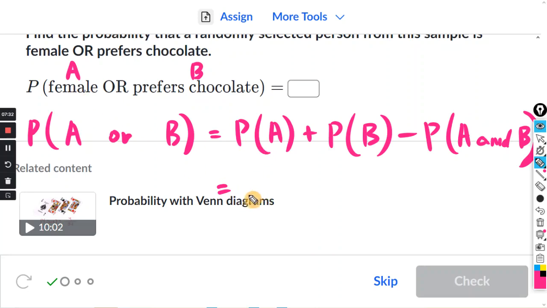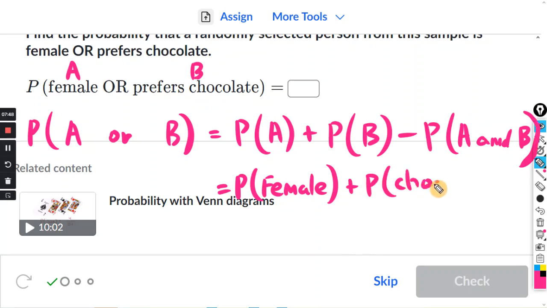Since A is female, we'll say probability of female plus event B, prefers chocolate, the probability that the person prefers chocolate. And we're going to subtract A and B, so in other words, the probability of both.